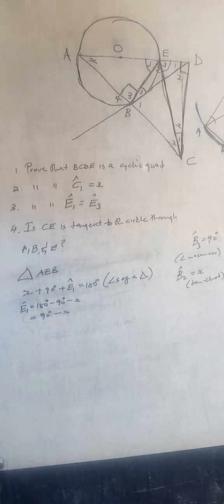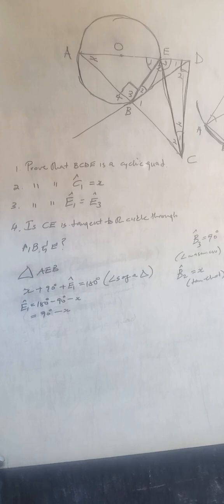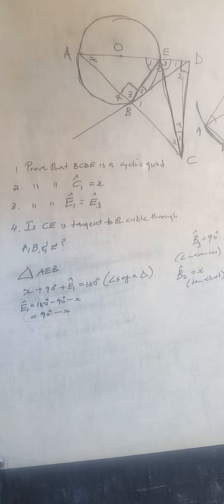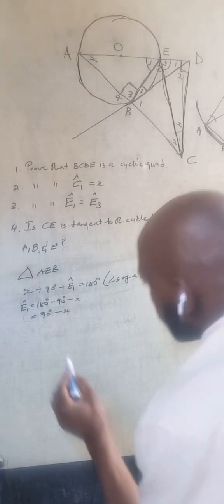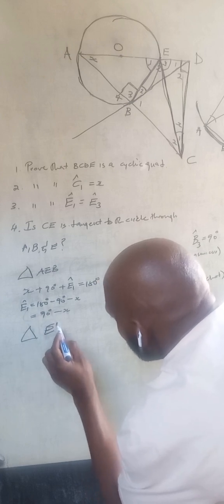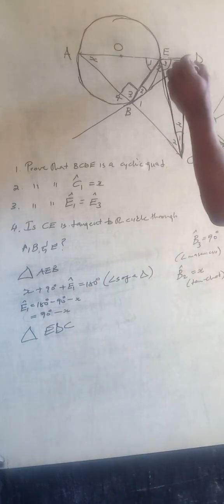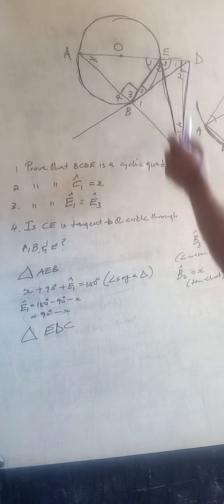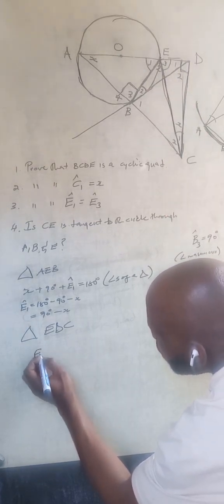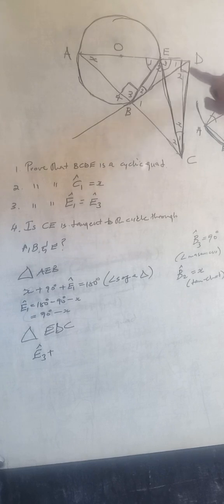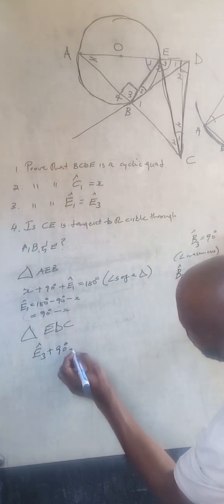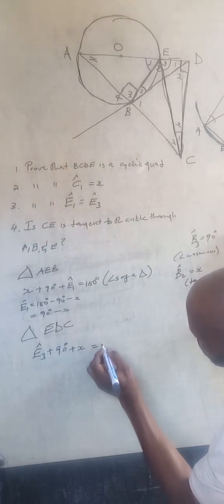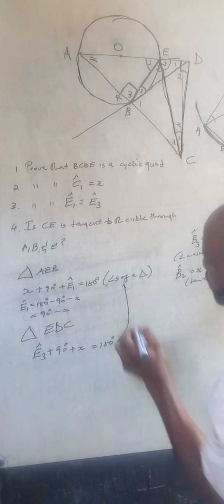Okay, we are happy, and then we can also look at triangle EDC. Looking at this triangle EDC, we have three angles. So angle E3 plus angle D, which is 90 degrees, plus angle C1, which is x, is equal to 180 degrees.